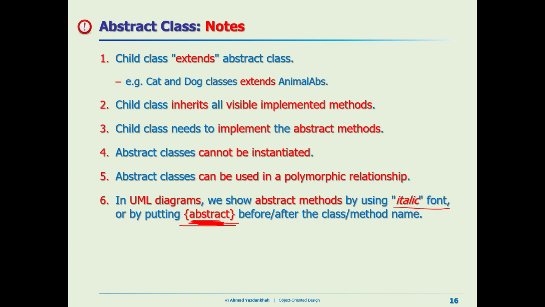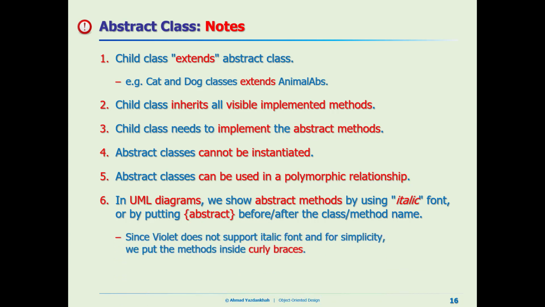But I simplified this. I just put the name inside the curly braces. That's fine for this course, you just need to know. Okay, so that was whatever I had for abstract classes.